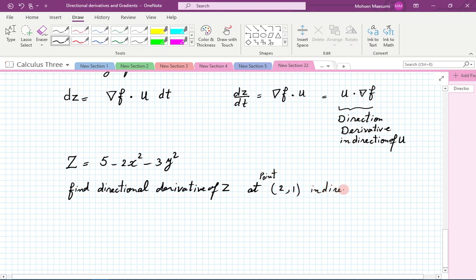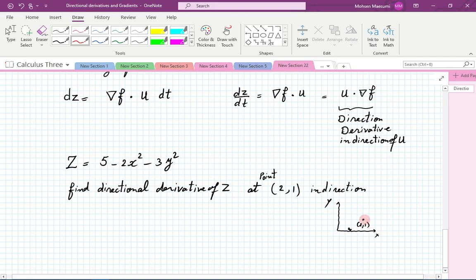In direction of, okay, we want to give our unit vector. So if I have my xy plane, say I am at location 2, 1, so this is location 2, 1, let me draw it a bit bigger. Now we have to specify our direction.